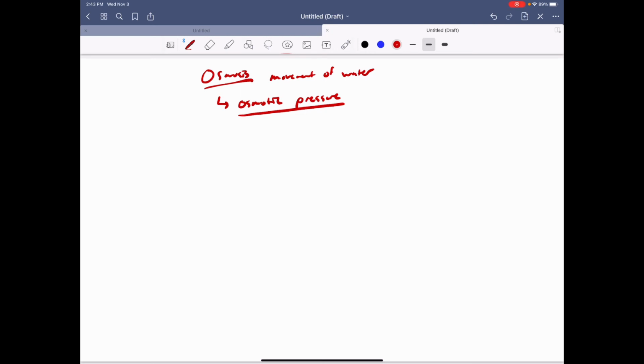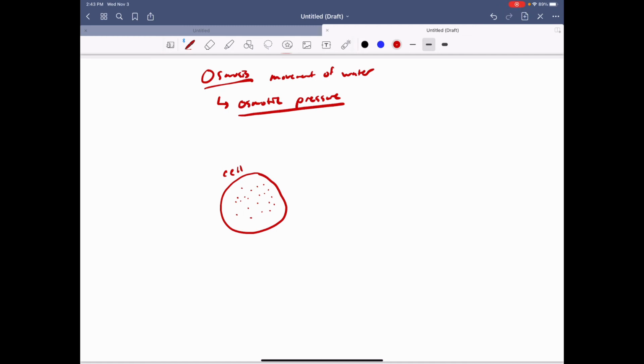So we're going to draw our circle again, our compartment, okay? We'll just say this is a cell, all right? So this cell is going to have these little dots in it. And those dots are going to be our solutes, okay?